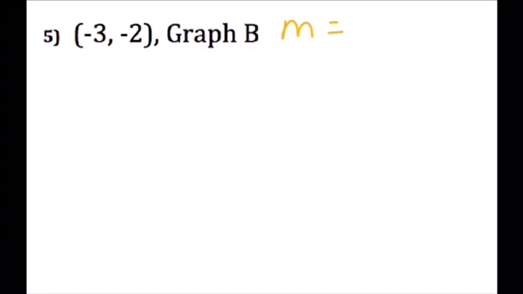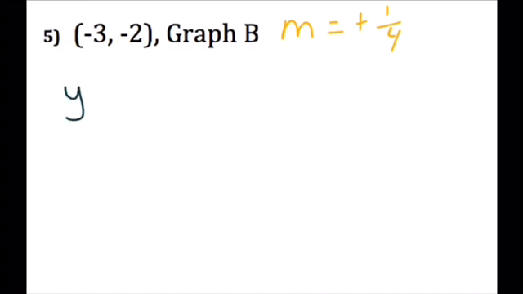So the slope that we want to use to be perpendicular to that is the opposite reciprocal. So if the slope is -4, we want the opposite, which is a positive. Then the reciprocal of 4 is 1/4. So we're going to use the slope of positive 1/4, which is the opposite reciprocal of -4.